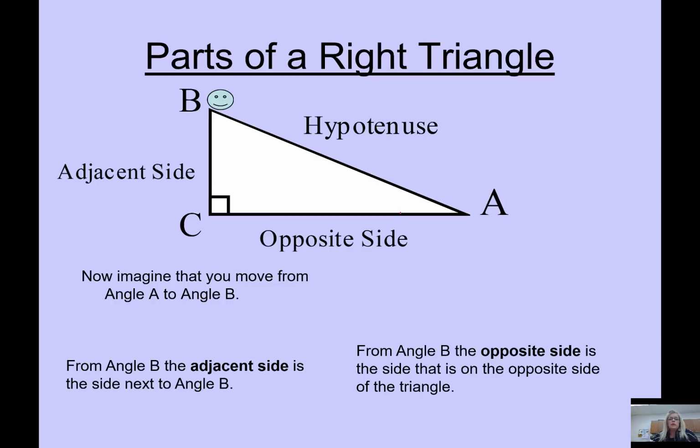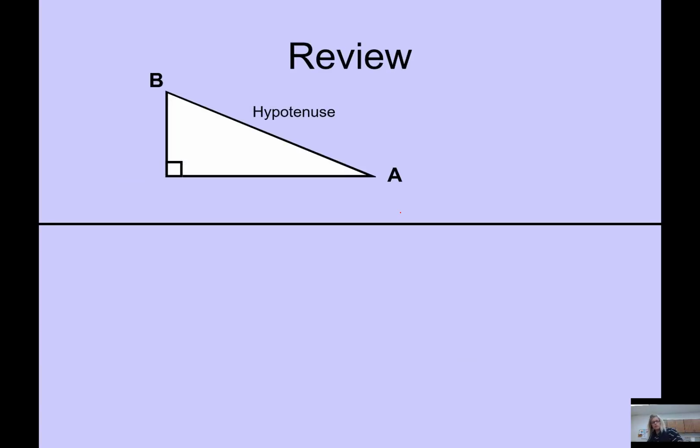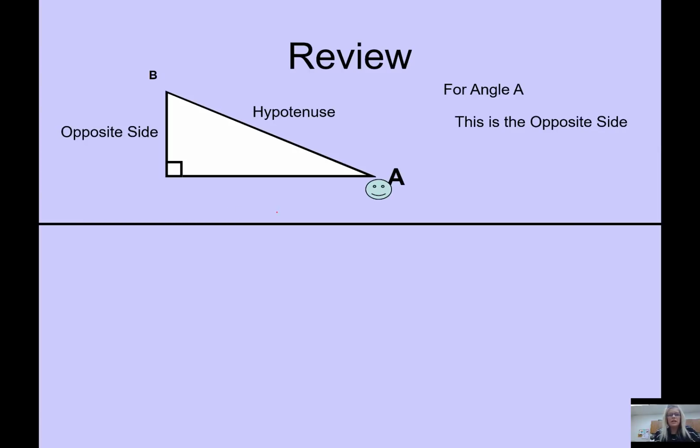You will never be doing SOHCAHTOA and referring to the right angle C. You're always going to be using sine or cosine on either A or B. Okay? All right, so let's review. If I say, label my adjacent side, which one's the adjacent? Down below is my adjacent and across is my opposite.